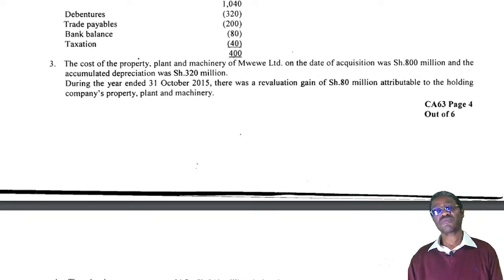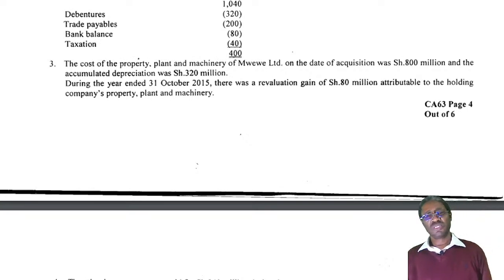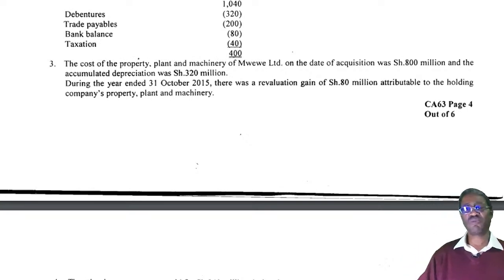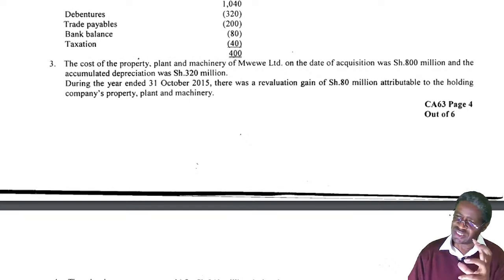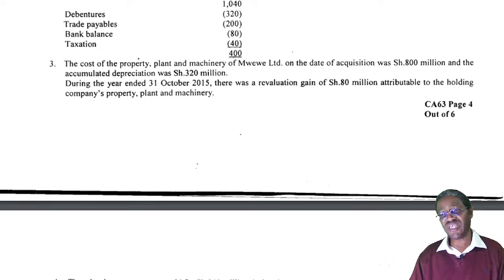Then we are told during the year ended 31st October 2015, there was a revaluation gain of 80 million attributable to the company's property, plant, and equipment.